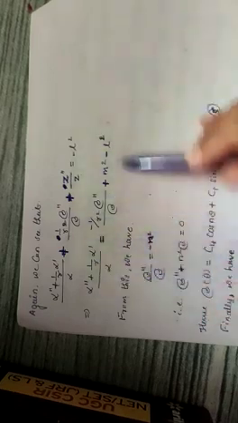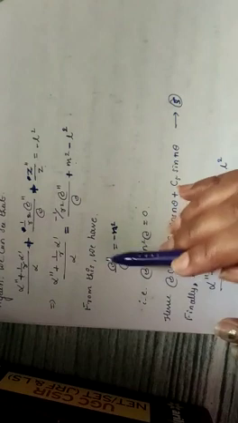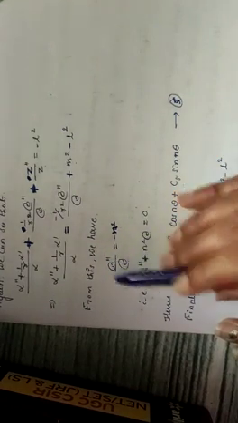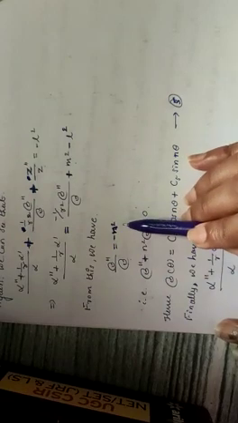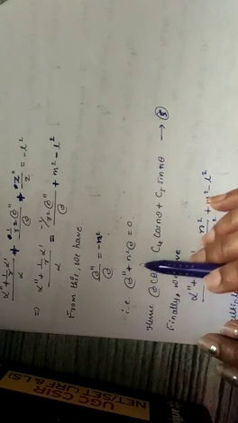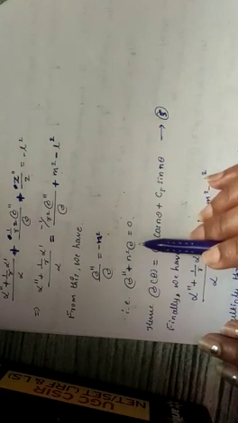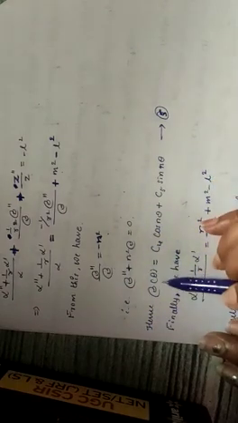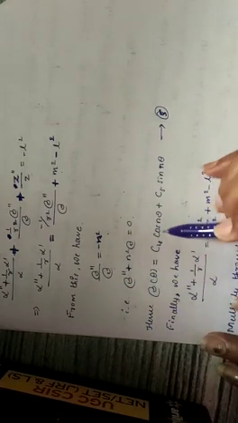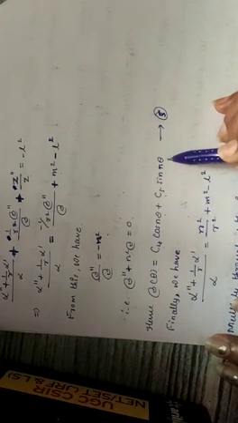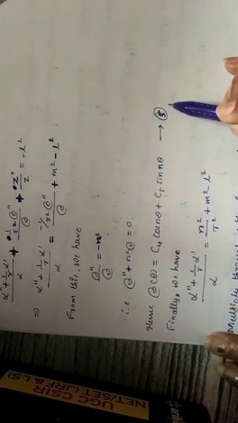From this, we take beta double dash over beta and equate it to some constant, minus n square. Rearranging, we get beta double dash plus n square into beta equals 0. Now the solution of this is beta of theta equals c4 into cos n theta plus c5 into sin n theta. We call this equation number 5.